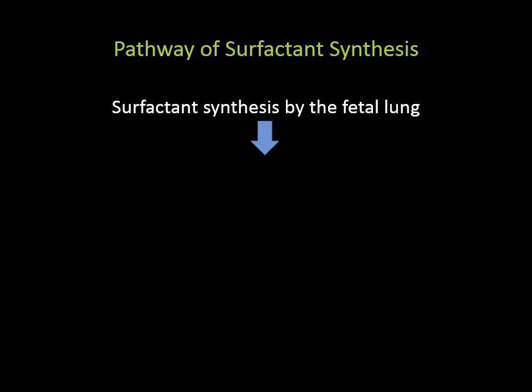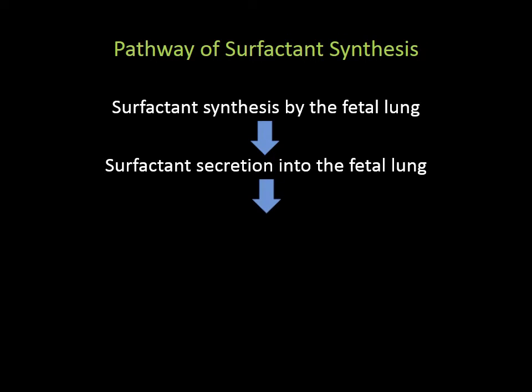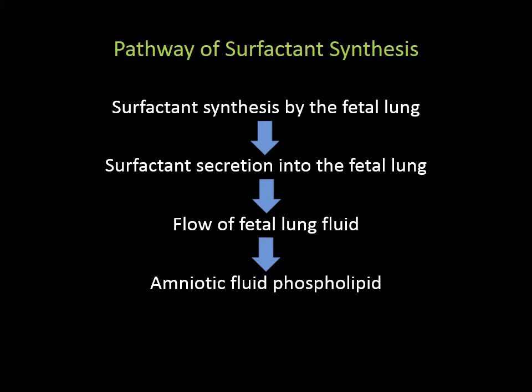The lung secretes fetal lung fluid, and the fluid flows out of the lungs to the amniotic fluid. Flow is episodic and results from fetal breathing. It is then present in the amniotic fluid between 28 and 32 weeks with the development of amniotic fluid phospholipid. However, mature levels of pulmonary surfactant are usually present after the 35th week of gestation.